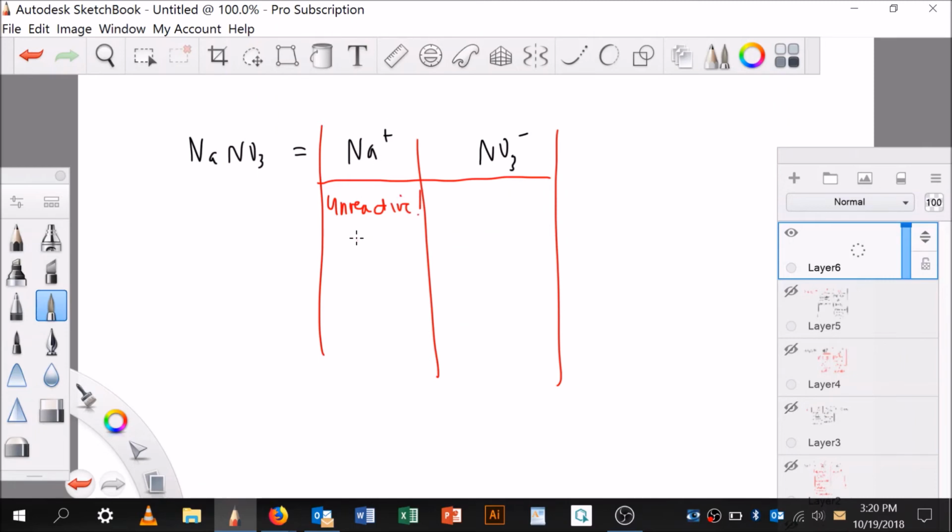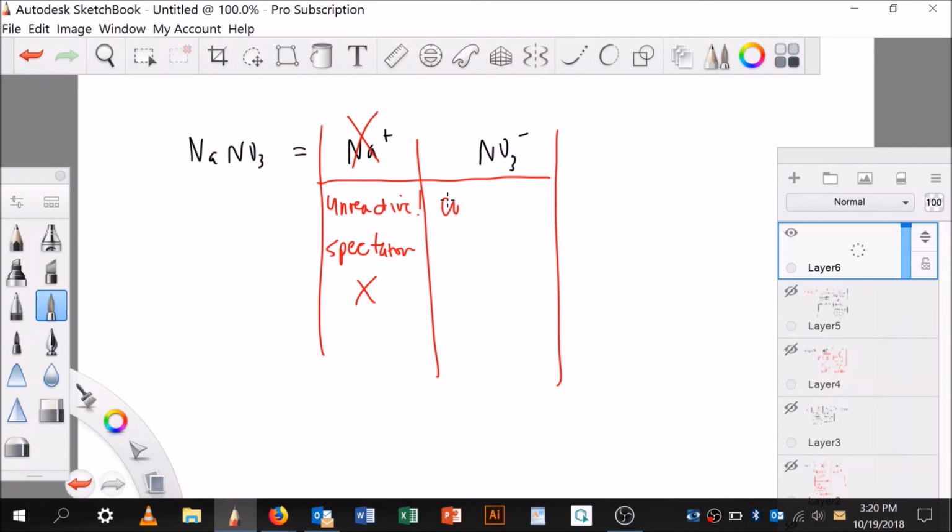Sodium and potassium, completely soluble. It's always a spectator ion. You should write notes out like this. If you're not clear on it, you should write notes. It's very common. I see students who understand stuff but don't write enough down, and so they get sideways. Unreactive, it's a spectator, and so it's not interesting at all.